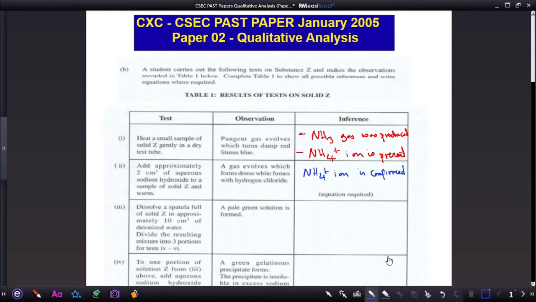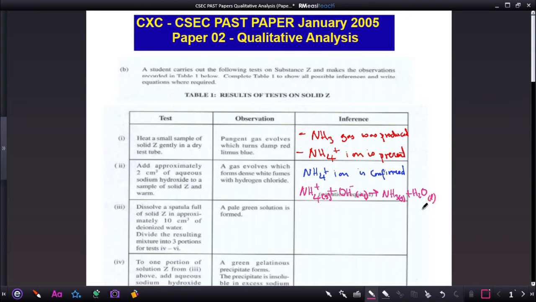And the ionic equation for that reaction: we are interested in the hydroxide ion from the sodium hydroxide and the ammonium ion to produce the ammonia gas. So here we have the ammonium ion, which is in the solid form, plus the hydroxide ion, which would be in the aqueous form, and that would give ammonia gas and some amount of water liquid being present.